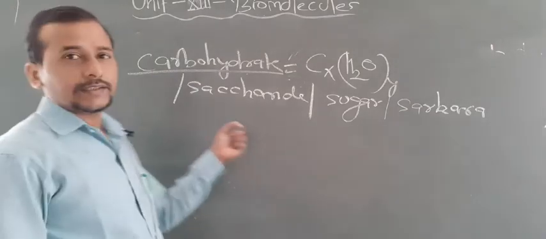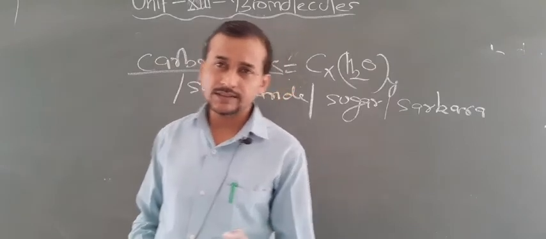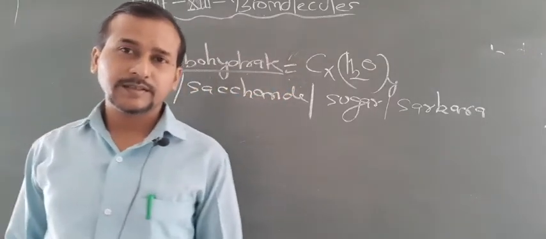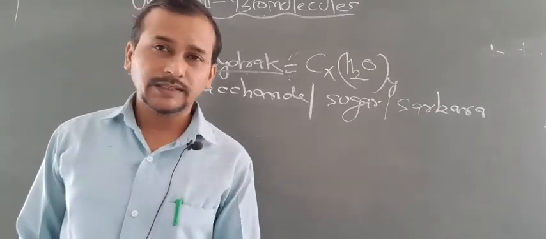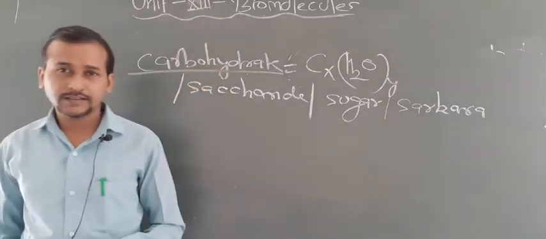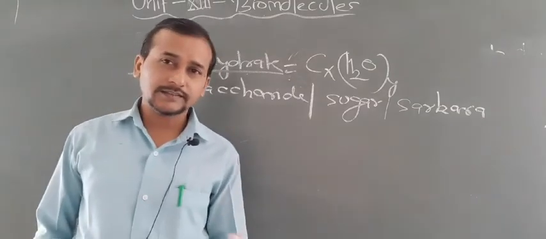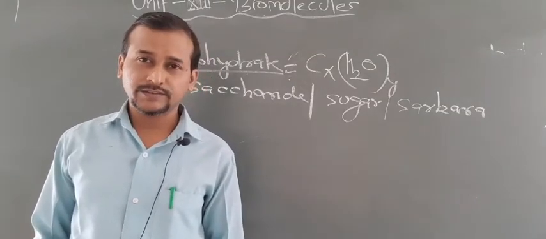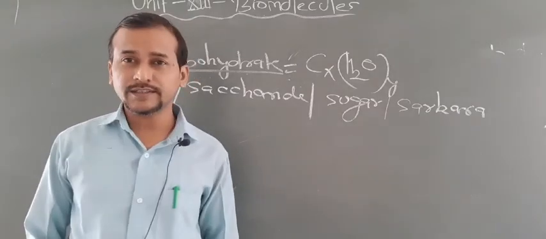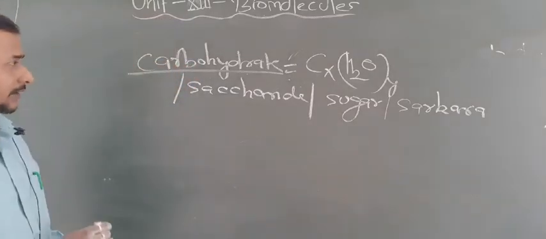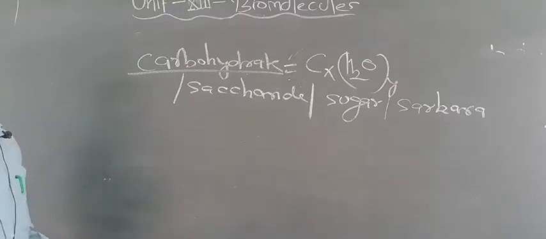Now how can we define carbohydrates? They are basically optically active polyhydroxyaldehydes or polyhydroxyketones, or they can generate such compounds upon hydrolysis. So they are known as carbohydrates. These carbohydrates are optically active.